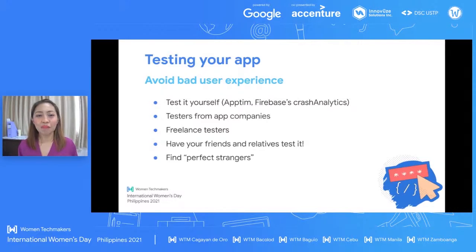But these are people maybe from your followers on Twitter, or your friends on Facebook, or from the Facebook group that you are in, and then you can post your app there and tell them to test it for you and then give feedback. For example, maybe they encounter bugs along the way, right? Okay.